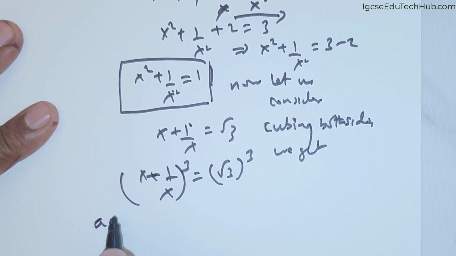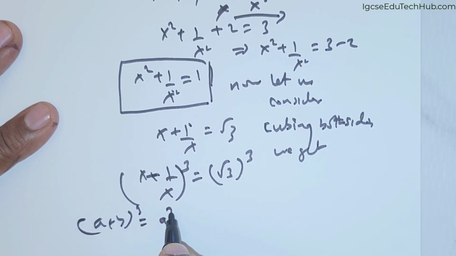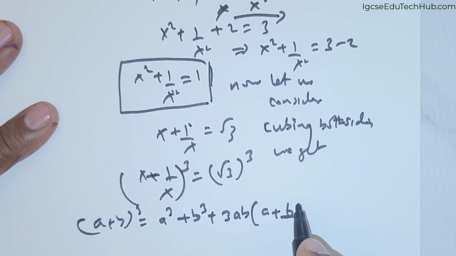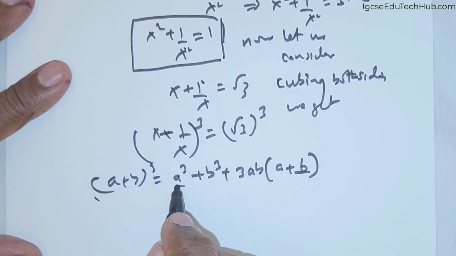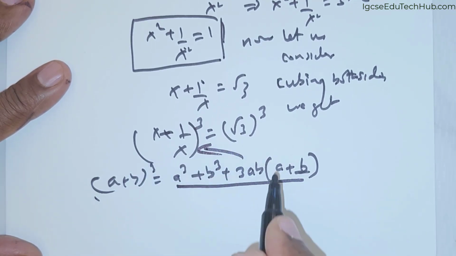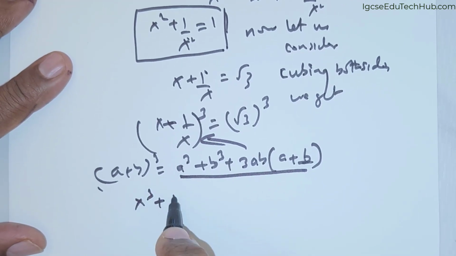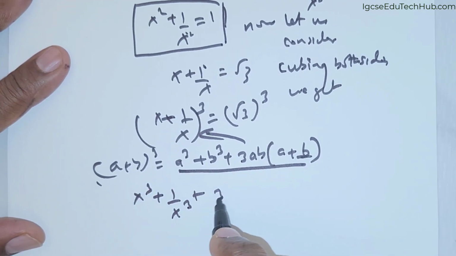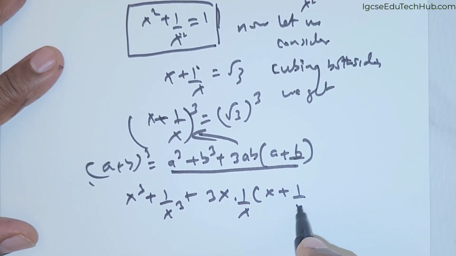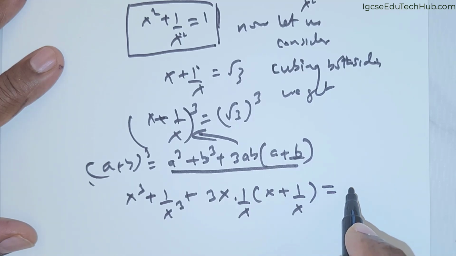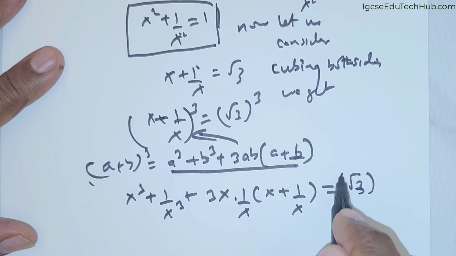Now there is a formula, (a + b)^3 is equal to a^3 + b^3 + 3ab times (a + b). By this formula, I am going to apply it over here. So this would give me x^3 + 1/x^3 + 3 times x times 1/x times (x + 1/x) is equal to (root of 3)^3.